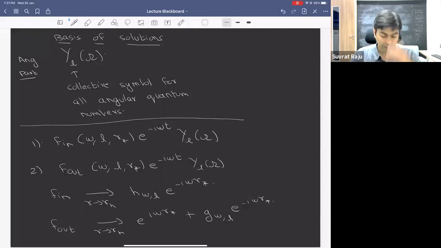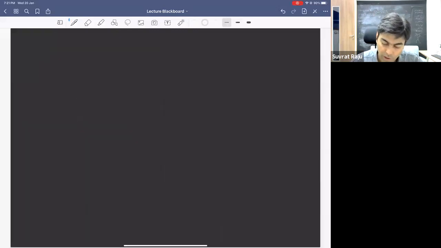Okay. So the reason we call this first set of solutions f in is by looking at how they behave near the horizon. So f in has the property that as t increases, r star must decrease.